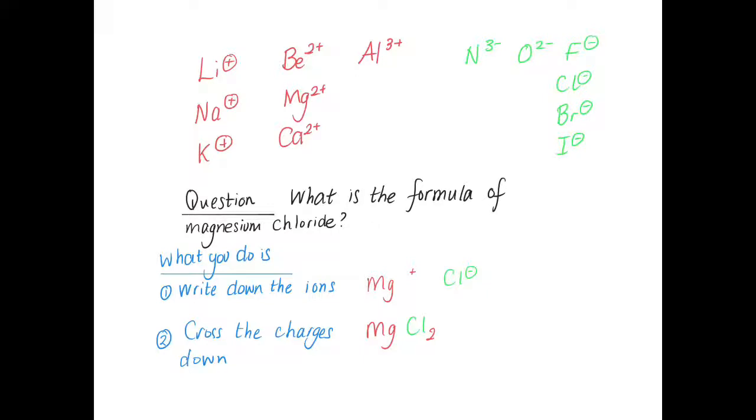And this 1, if you imagine it's 1-, you would write down there. However, because in chemistry we don't write the 1s, we tidy the formula up and we get Mg Cl2. So the formula of magnesium chloride is MgCl2.